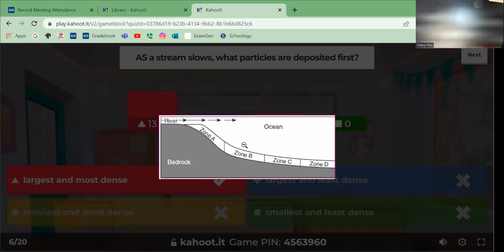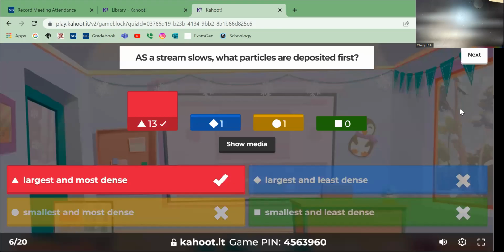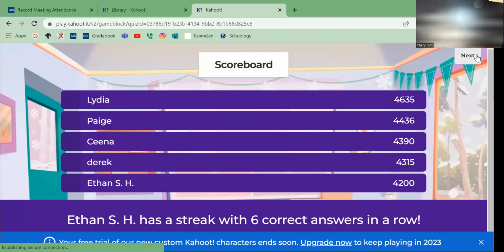Boulders and cobbles. Yep, so you'll find bigger rocks in zone A. And what is going to change as you go out towards zone B? They're gonna get smaller and smaller and finer and rounder. So the bigger, rounder, more dense are gonna be in A, and the smallest, low density, flatter ones are going to be found out in zone D. That's on the test Monday.